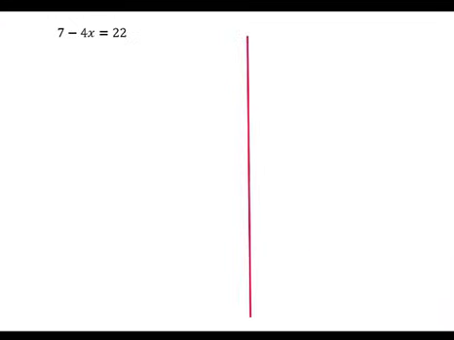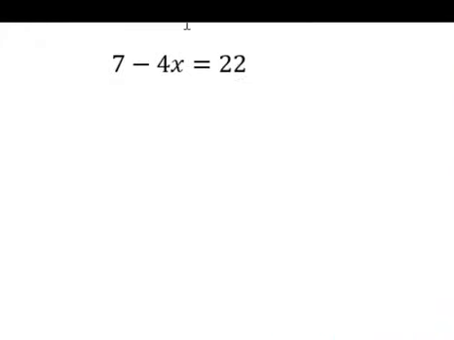Okay, so here we have 7 minus 4x equals 22. This right here can get a little tricky, so I need you to really pay attention to the values, meaning are they positive or are they negative? Okay, so let's get started here. First, I know that 4 is my coefficient, this 7 is my constant, and the 22 is my constant.